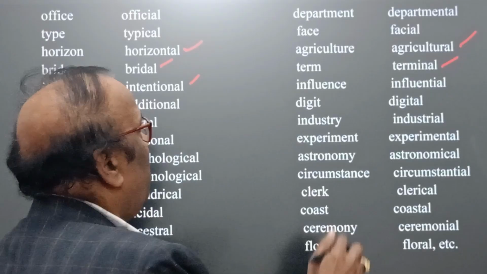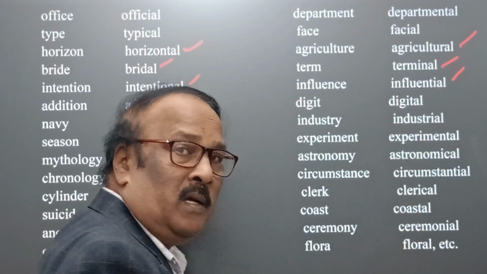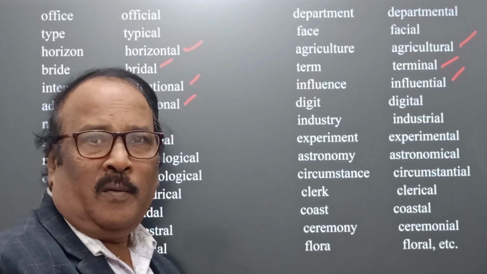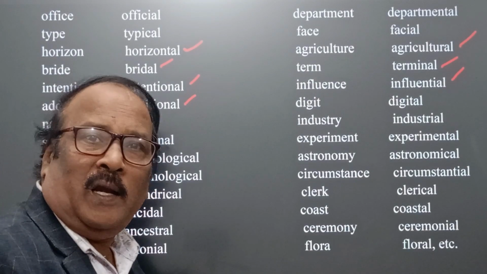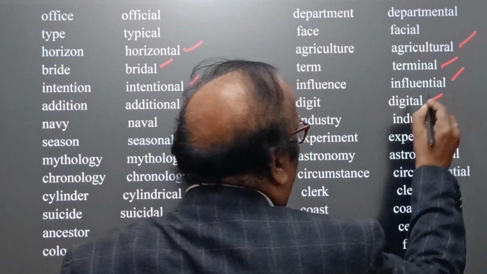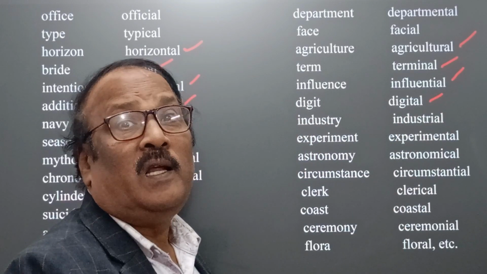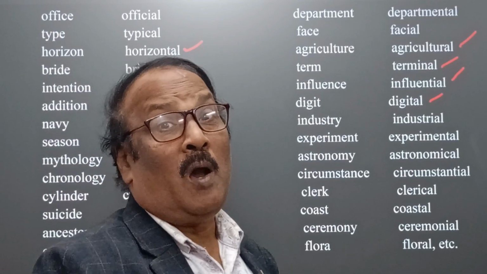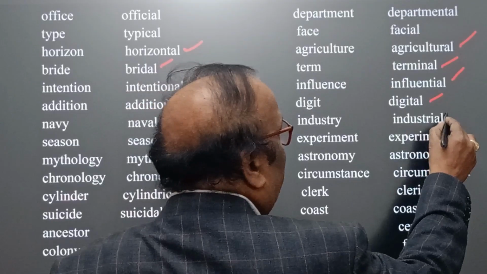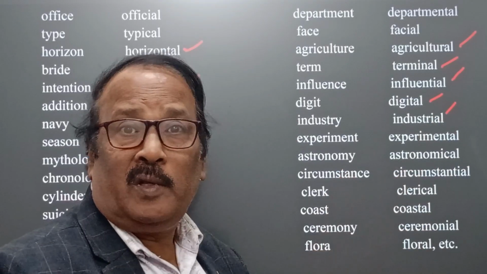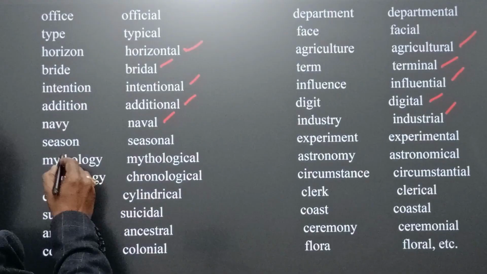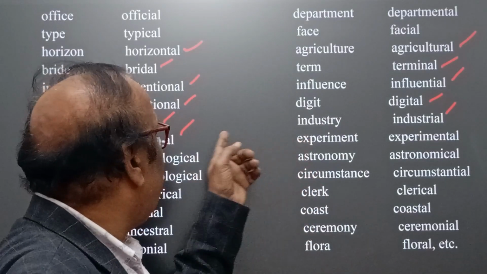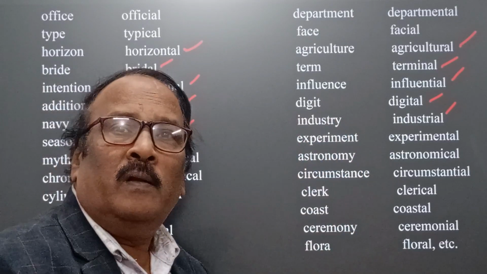Intentional harassment. Next, influential person. Additional topic, additional collector. Digital marketing, digital problem. Naval power, we find industrial revolution, industrial growth. Seasonal fruits. Okay, next, seasonal change.